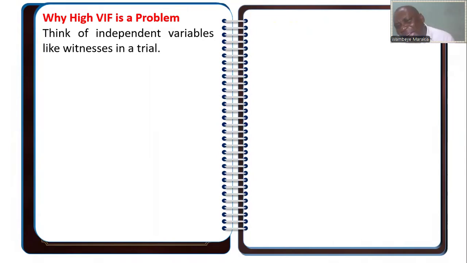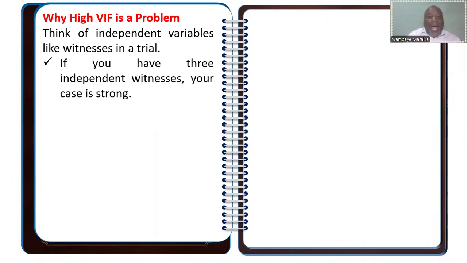Now, why is a high variance inflation factor a problem? Sometimes the court wants to determine cases based on the witnesses one gives, or in any trial. So consider these independent variables like witnesses in a trial. If you have 3 independent witnesses, then you'll assume that your case is so strong.